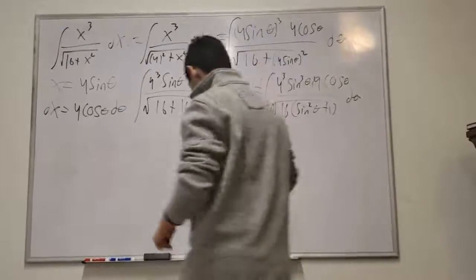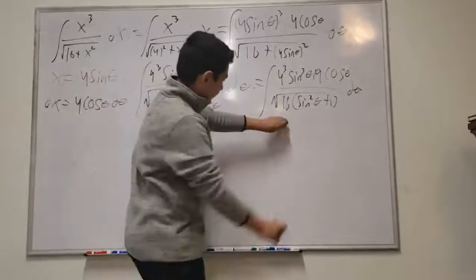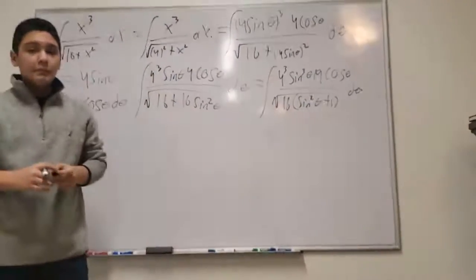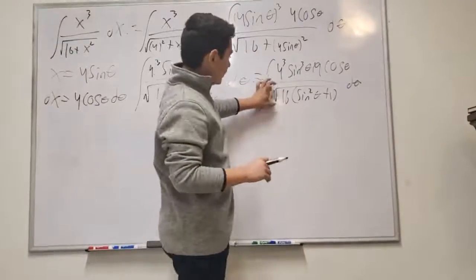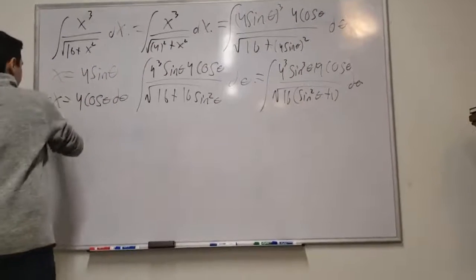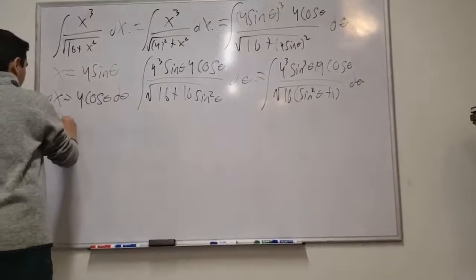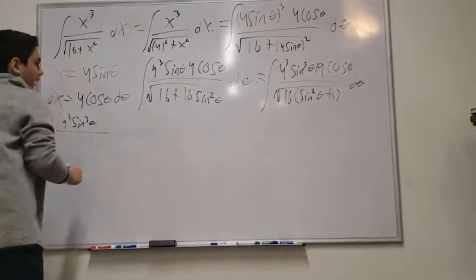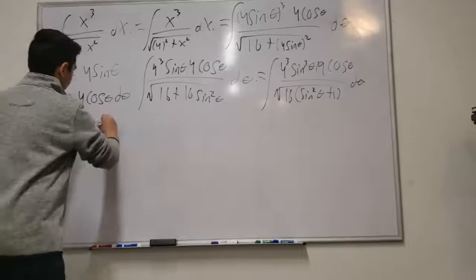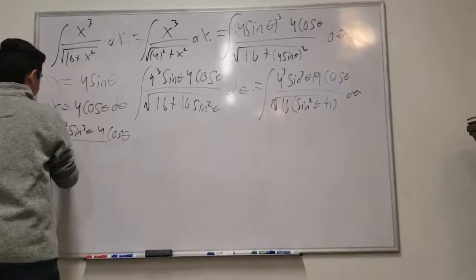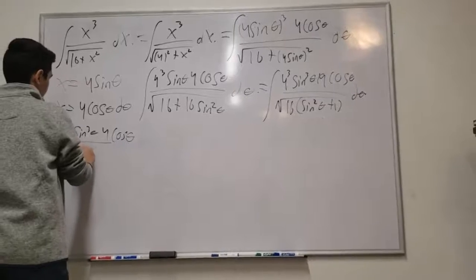So in this square root, it'll give us 16 times cosine squared theta. When we take the square root, it'll give us 4 cosine theta. So we have just the integral of 4 cubed sine cubed theta times 4 cosine theta, divided by 4 cosine theta.